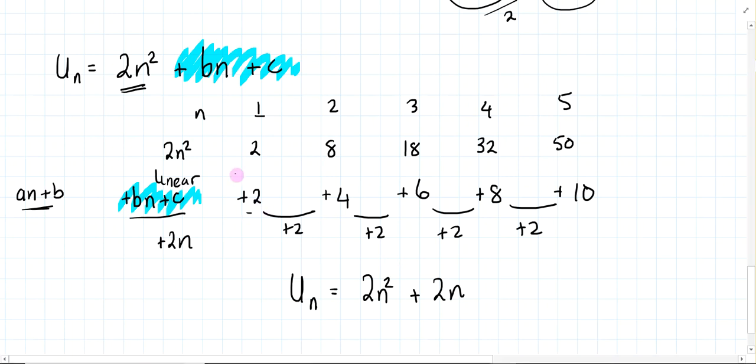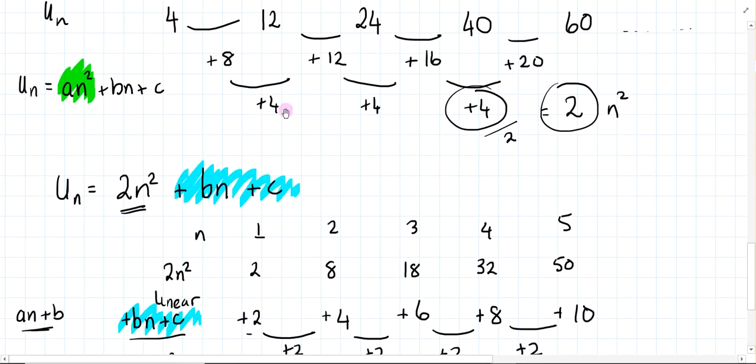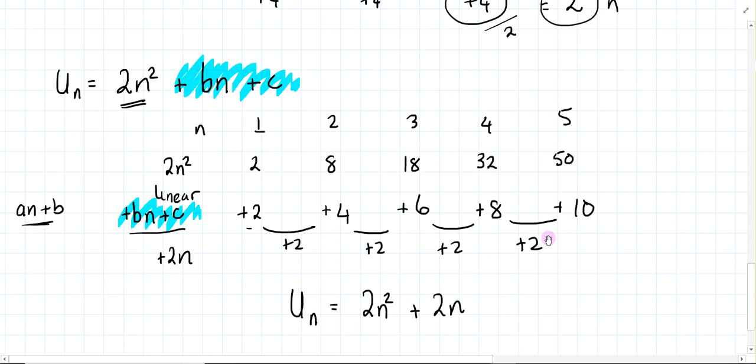Yeah? Like, how do you get 2, 4, 6, 8, 10? Yeah, so if we go here, look, I want 4, but I've got 2, so 2 plus 2 gives me the 4. That's 8 plus 4 gives me the, I have another way that I thought was easier for this one. Instead of plus 2, plus 4, and I know how you got that because it's how much you need to add to get that.